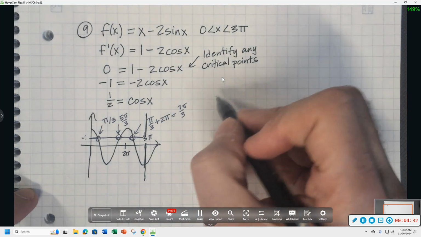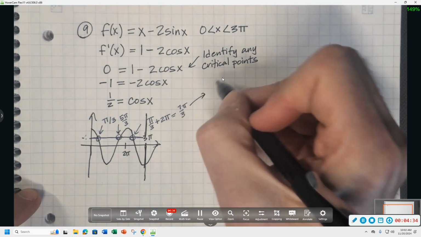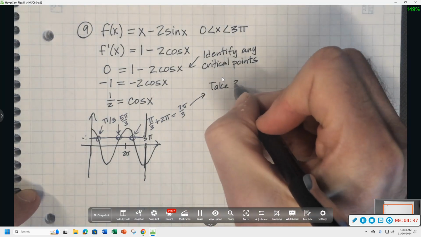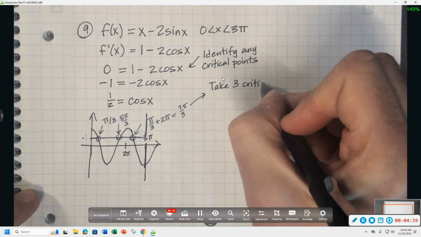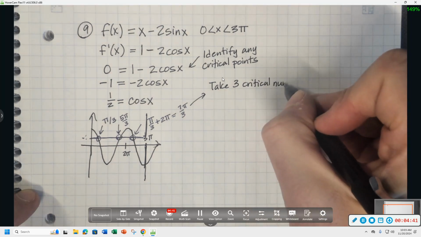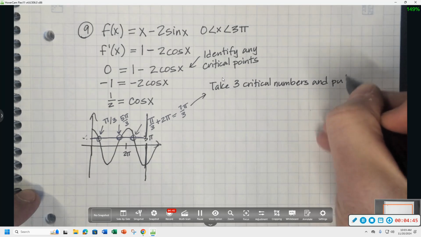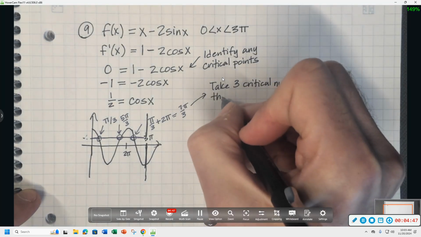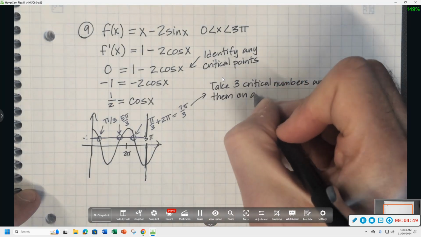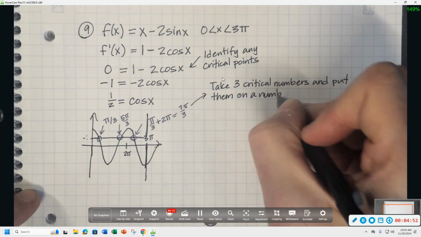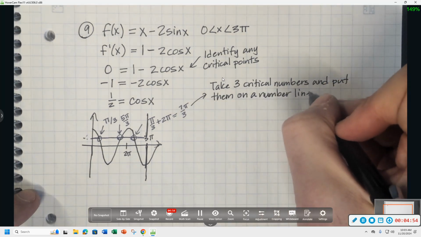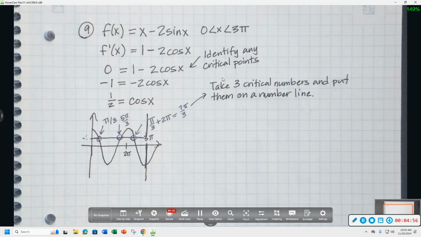Now, I'm going to take these points, the 3 critical numbers, and put them on a number line. We're going to be patient.